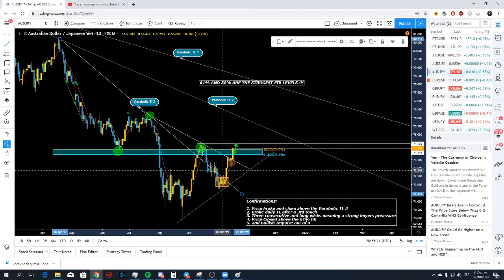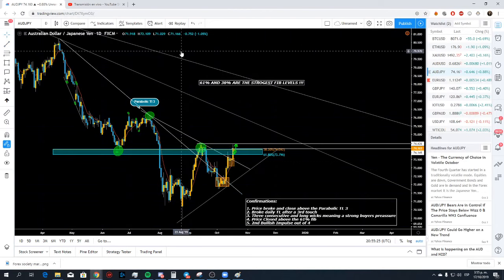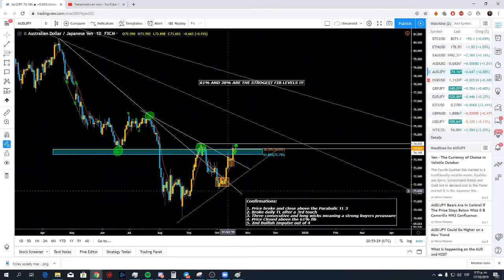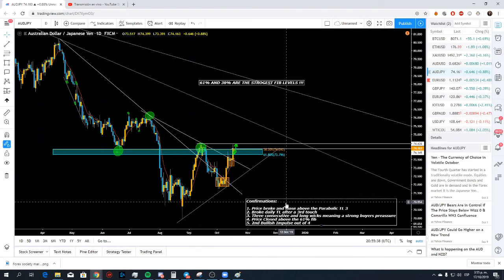You can see how price. Let me delete this one too. I think we don't need this one anymore. You can see how price created a new lower high. This is our last lower low. Then it created a new lower high above this low. So that's another confirmation.